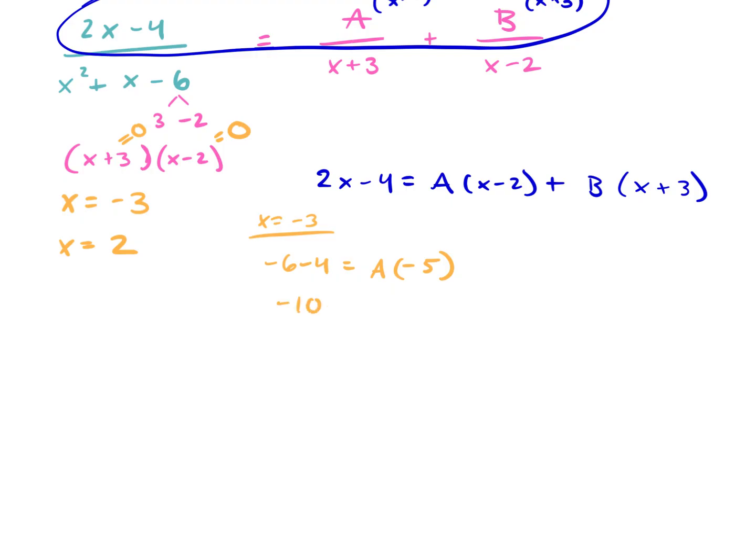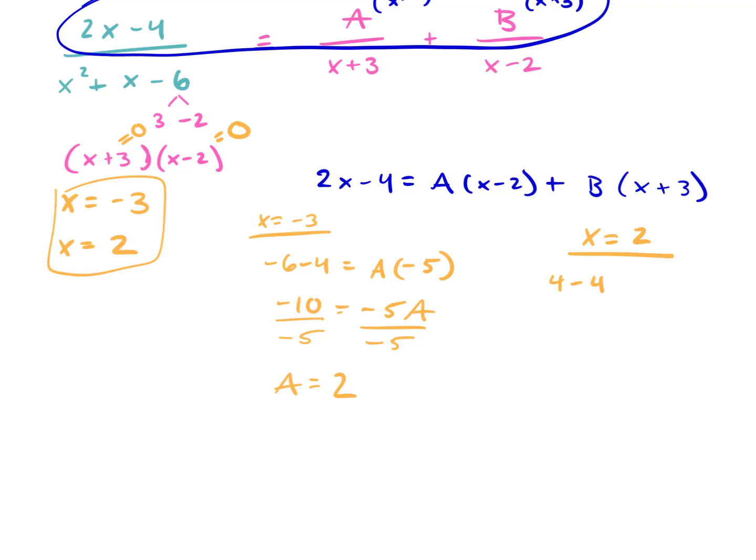So here you get negative 10 is equal to negative 5a. Divide both sides by negative 5. So a equals 2. Let's do the same thing, but next we're going to plug in 2 because 2 was also on our list here. So 2 times 2 would be 4 minus 4.